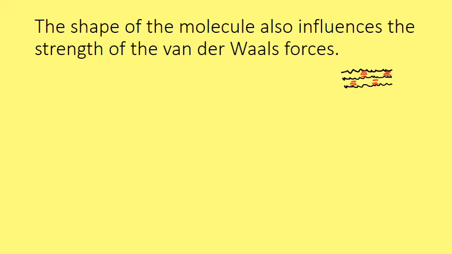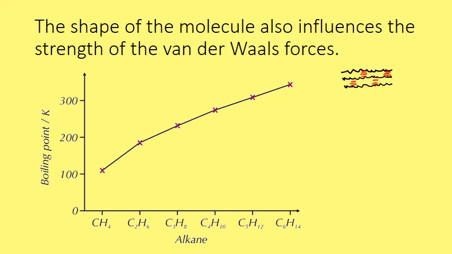So let's look for some evidence for that, and here we have a chart of alkanes of increasing length. So we start off with 1 carbon atom in methane through to 6 carbon atoms in hexane, and as you can see from their boiling points, the boiling points generally increase.